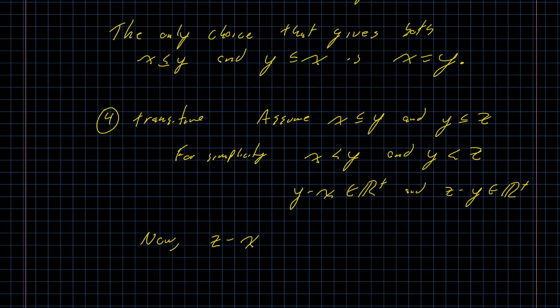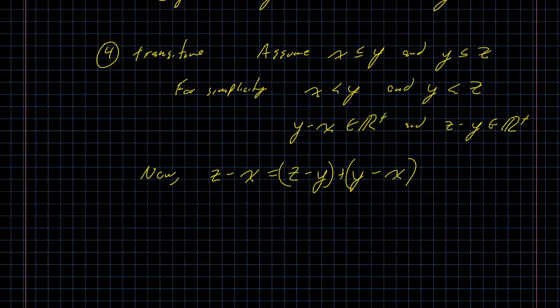Now, z minus x, using once again the simple trick that we used a couple of times already of introducing something that wasn't there, z minus x is the same thing as z minus y plus y minus x. And so we are adding two positive numbers.